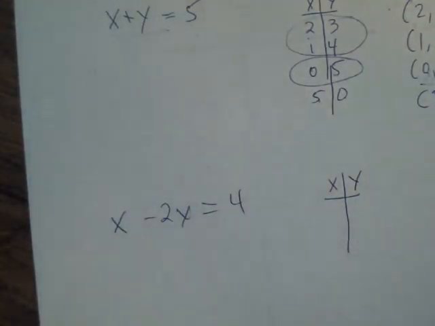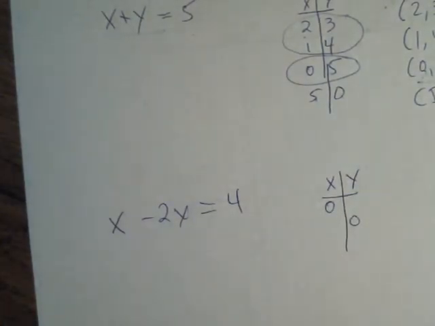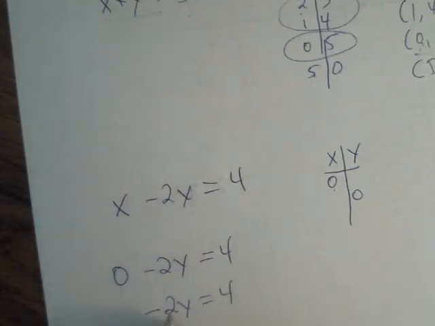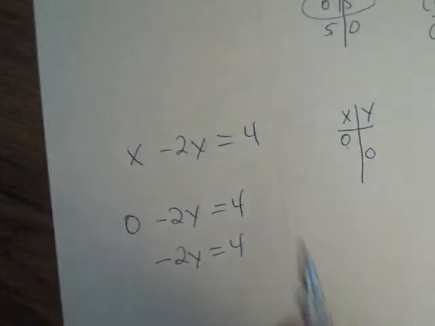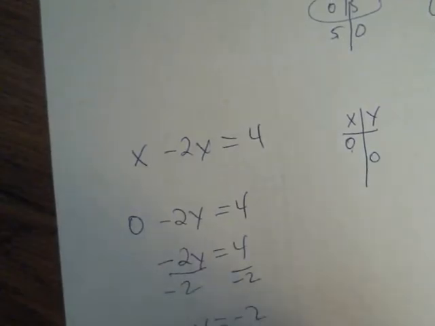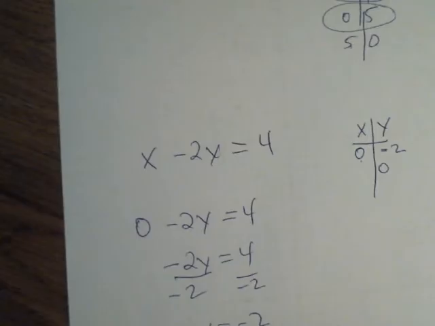The easiest ones are the zeros. Those are your intercepts. So once I pick an x, I put it in for the x. I have to solve this, and you've got to keep that negative with the 2. Then I divide both sides by -2. So when x is 0, y is -2.